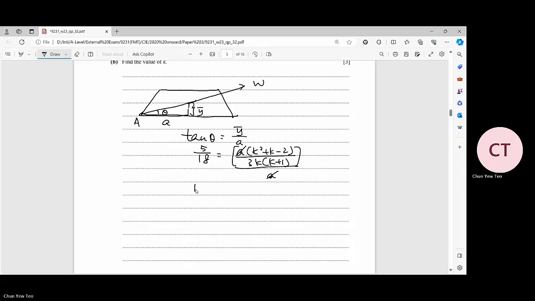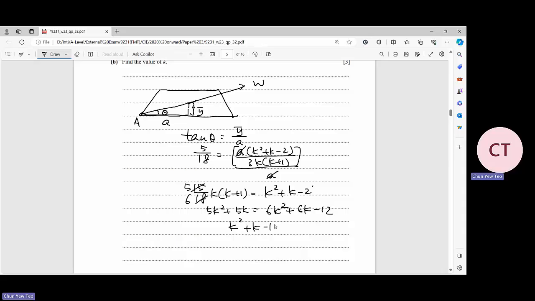We get 15 over 18, K plus 1 is equal to K squared plus K minus 2. Cancel the 3. You have a 5 and 6. You have 5K squared plus 5K, and 6K squared plus 6K minus 12. And you get K squared plus K minus 12 equal to 0.